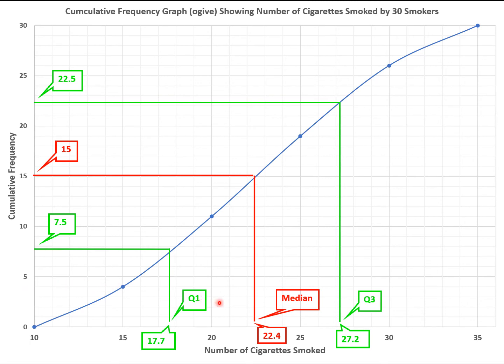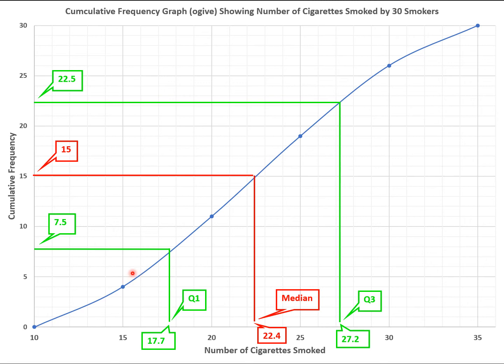The next group, 20 is the top of the interval, and there were 11 smokers there if you go across that way, and so on. Now your graph should be shaped in the form of an S, though sometimes you don't have a good imagination to see that.